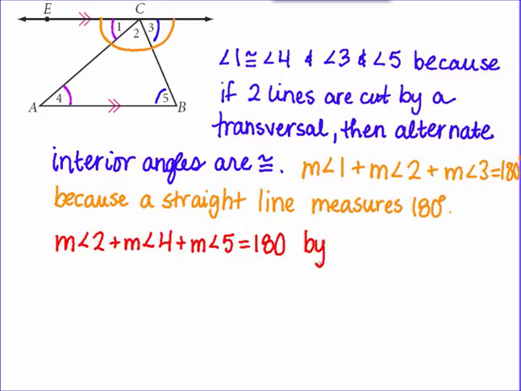Now, if you look at this, I want you to compare 1 plus 2 plus 3 equals 180 to 2 plus 4 plus 5. First of all, you've got measure of angle 2, right? Okay, what do you know about 1? What is 1 the same as? 4. What do you know that 3 is the same as? 5.